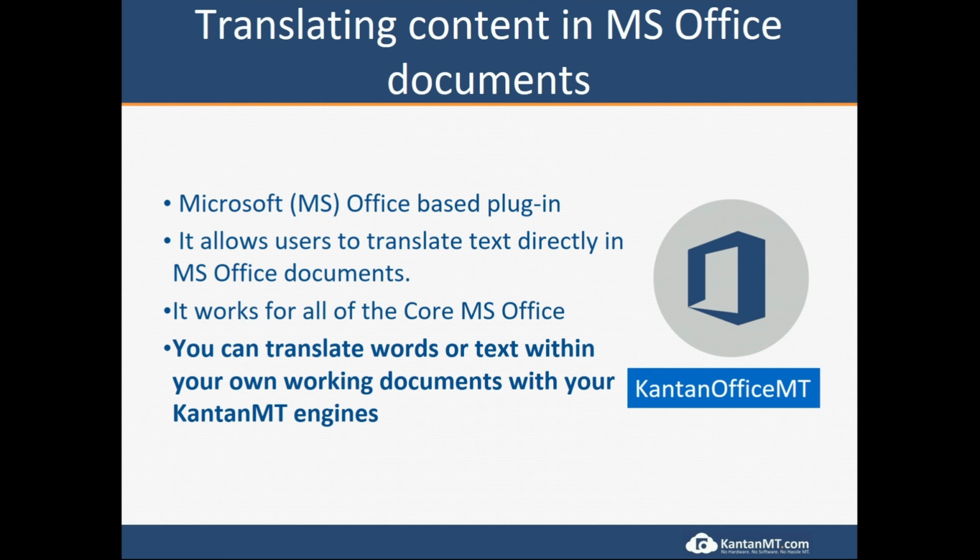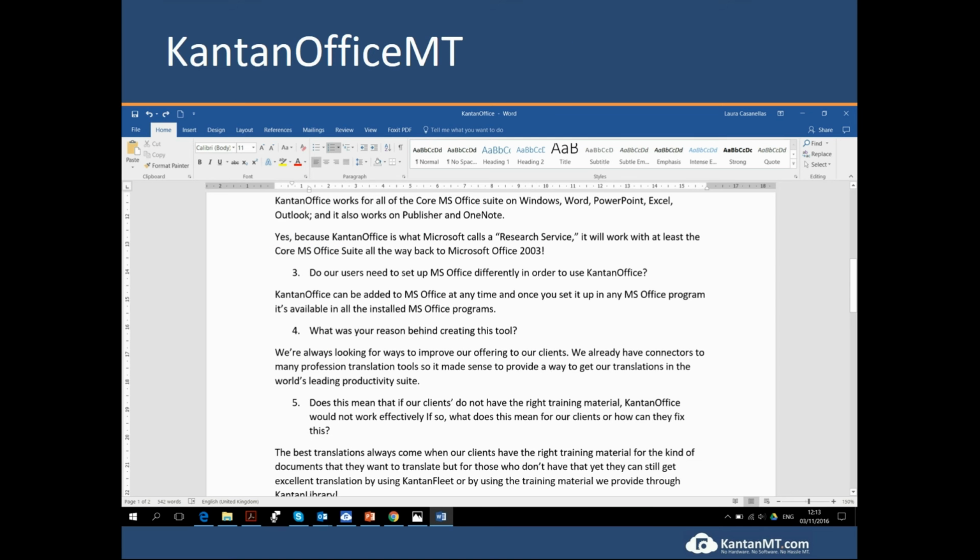You might not want to dump it into a general baseline engine that might not ensure confidentiality. You can use our KantanMT engines to do that. Well, your KantanMT engines, more to the point.